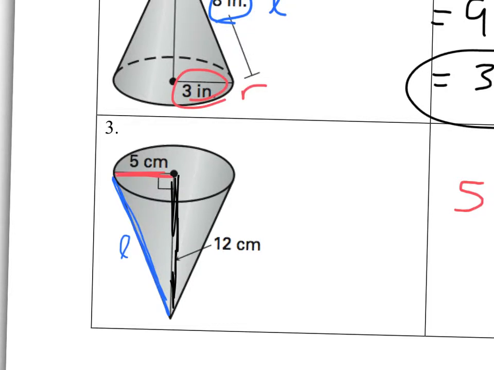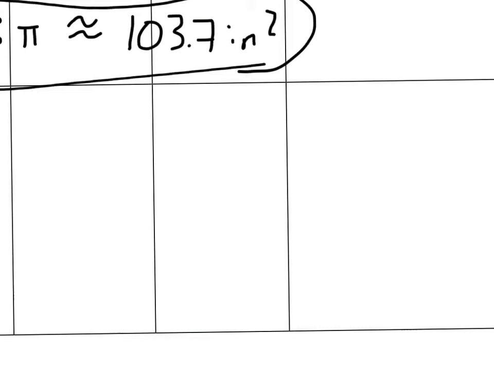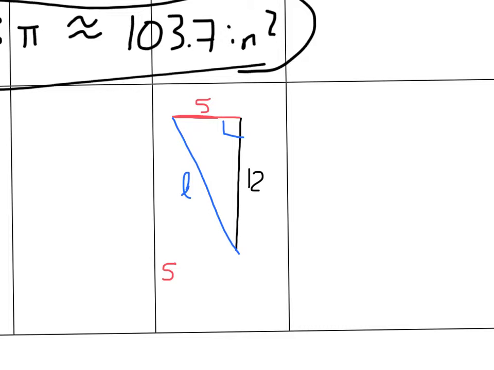So I'm going to redraw that over here. Here's 5, here's 12, and my unknown slant height. It's a right cone, so we can assume a right angle right there, and here's L. Many of you will notice that using the Pythagorean theorem will yield a Pythagorean triple, and the answer will be 13.